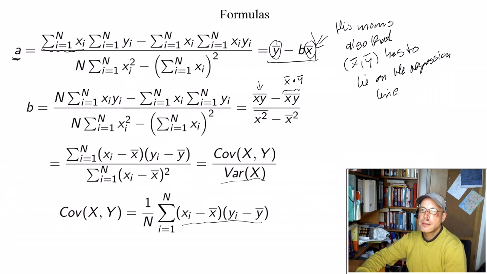Let's calculate b. So n times the sum of the multiplication minus sum of x, sum of y, divided by n times the summation of x squared minus, and now be careful, first summing up x and then squaring.